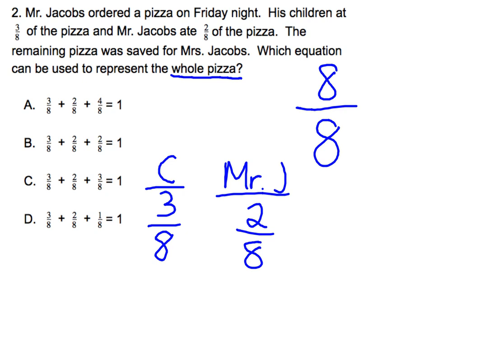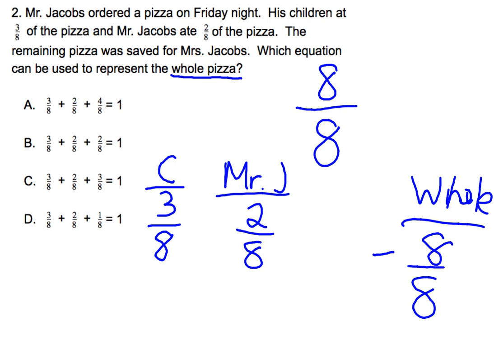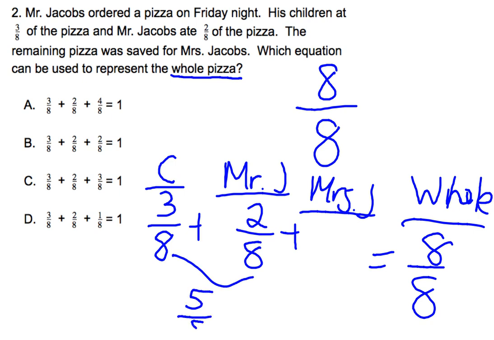That means that to equal the whole, which is 8/8, we have Mrs. Jacobs, right? That part was saved for her. So what part was saved for her? So far we have 5/8.